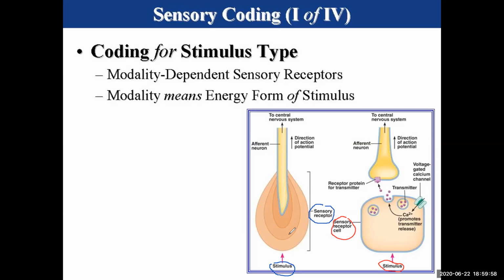The mechanical vibration detected by the Pacinian corpuscle would not be detected by the taste receptor on your tongue. So not only do you need the presence of the stimulus, but you need a compatible receptor that is capable of recognizing and being activated by that modality.